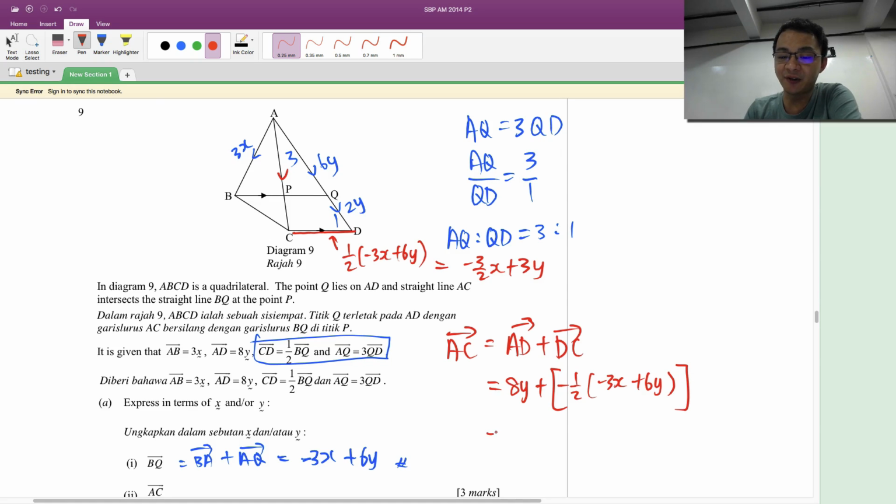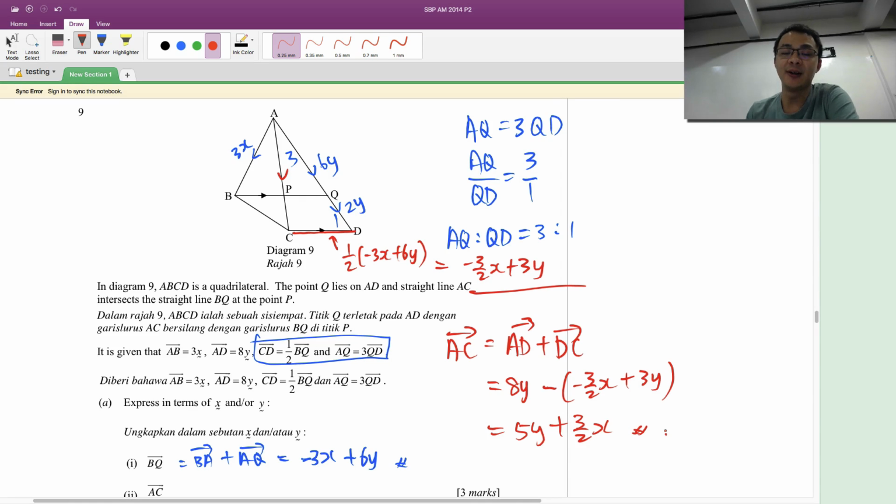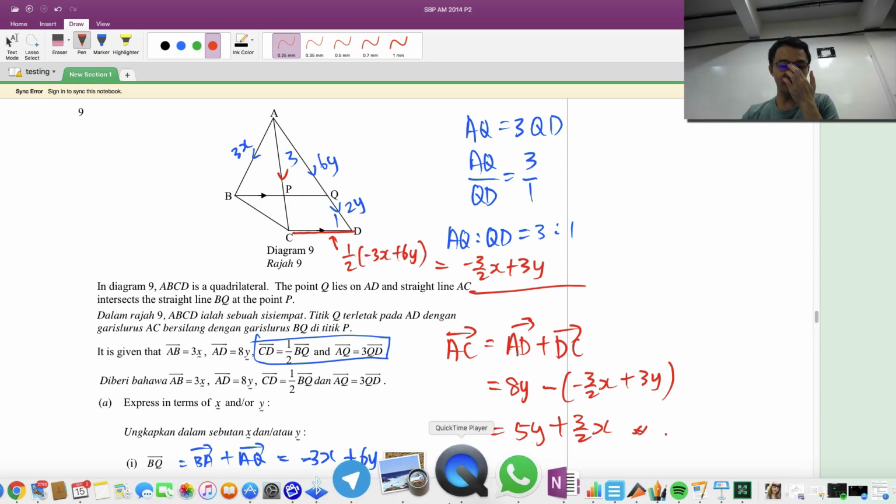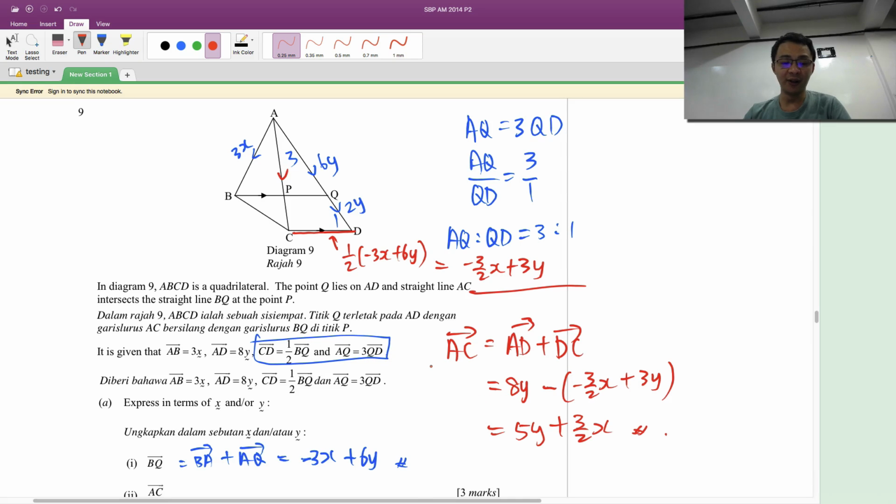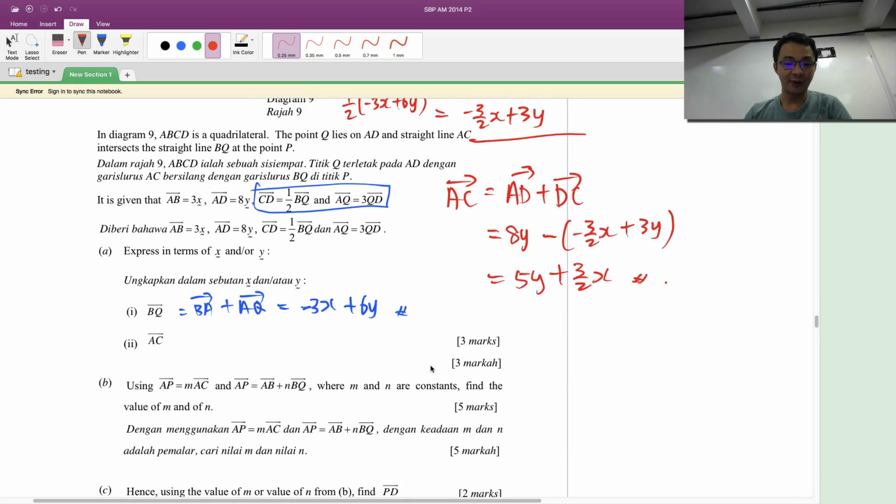Just add a negative for it. Negative becomes positive. So we minus negative 3 over 2 x plus 3y. So 8y minus 3y, I get 5y plus 3 over 2 x. This is AC. Then, let me move on to the next one.